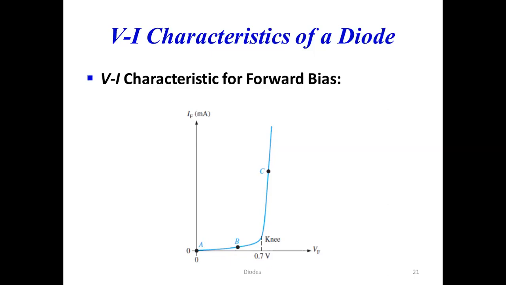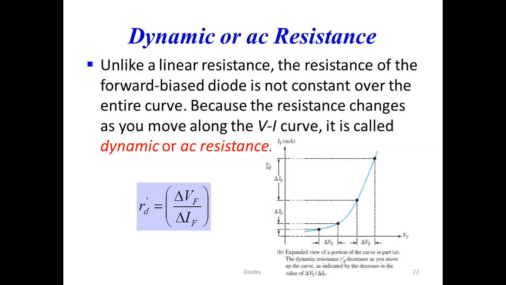Whenever your forward voltage is below this knee point, you will get a very small amount of forward current. But as soon as your forward voltage goes above this point, there will suddenly be an increase in the forward current. This particular diagram shows the dynamic or AC resistance, the forward resistance of a diode.